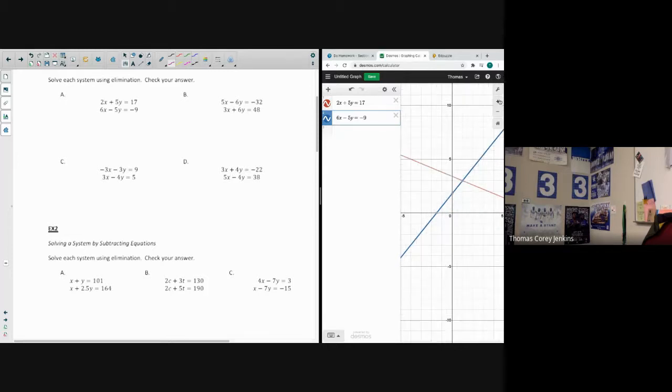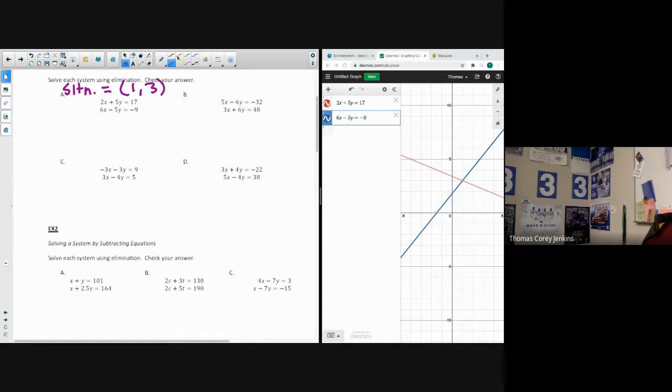So it looks like they cross at 1, 3. Let's just make sure. So there it shows 1, 3, right? So I know right off the bat that my solution is x equals 1, y equals 3. But again, for full credit, I've got to be able to show my work.